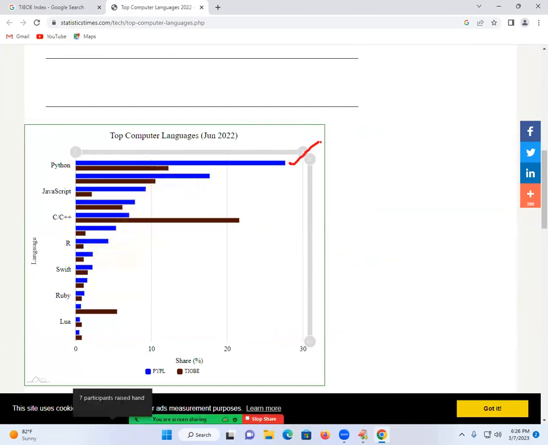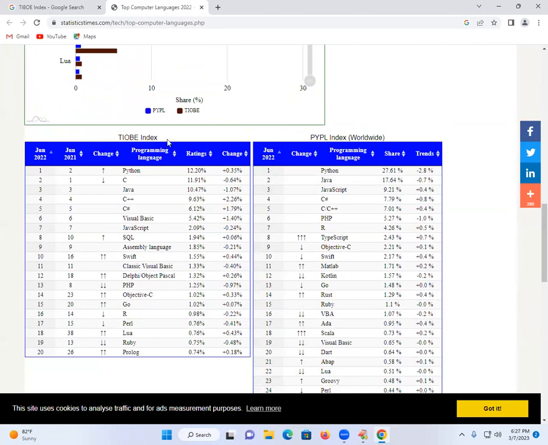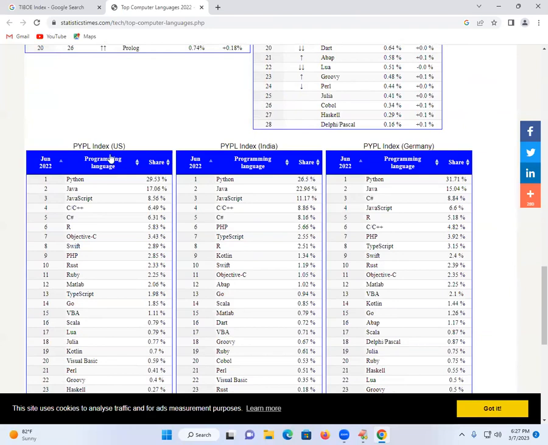It is highly used in top world-class software companies. And if you come to the total index of the languages, Python is on top, ranked number 1. Python worldwide is number 1. And if you come down, Python in the US is number 1. Python in India, Python in Germany, number 1.